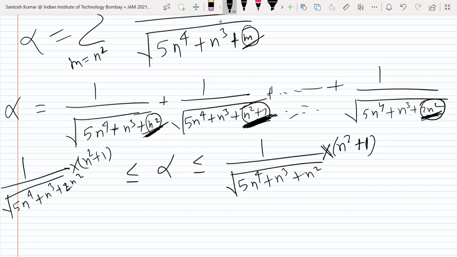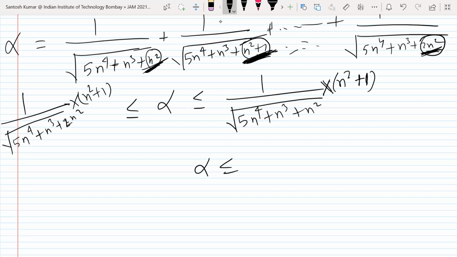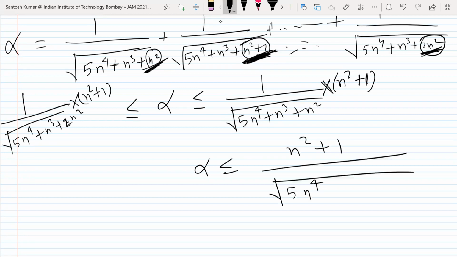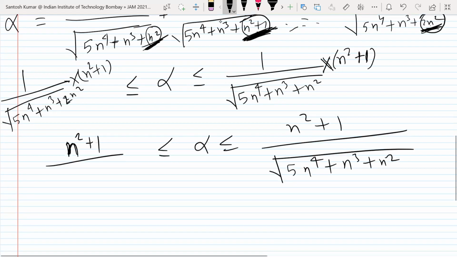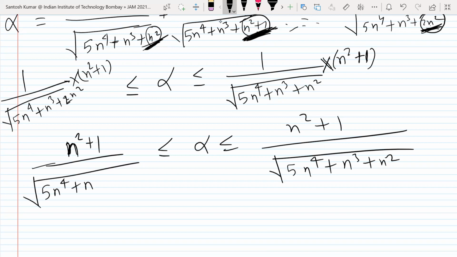Okay, so now alpha is less than or equal to (n^2 + 1) upon root under 5n^4 + n^3 + n^2, and more than or equal to (n^2 + 1) upon root under 5n^4 + n^3 + 2n^2. Why? Because there are a total of n^2 + 1 terms.